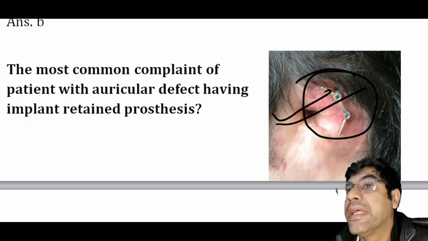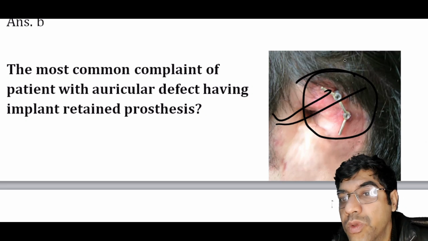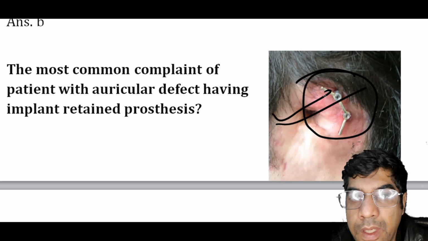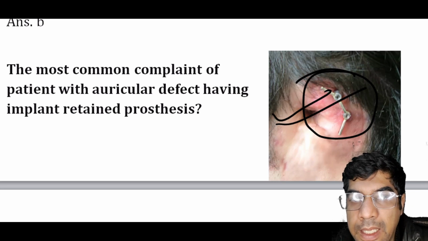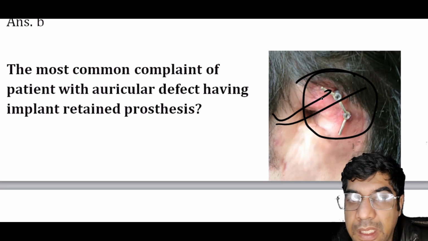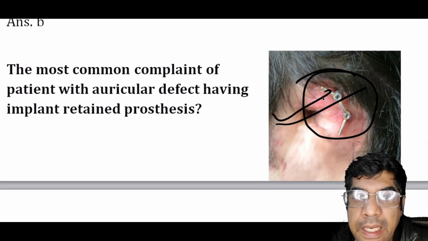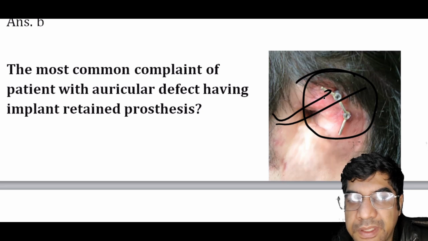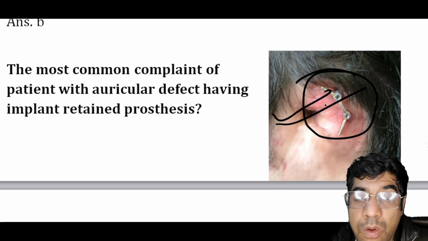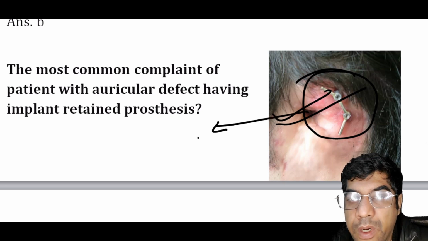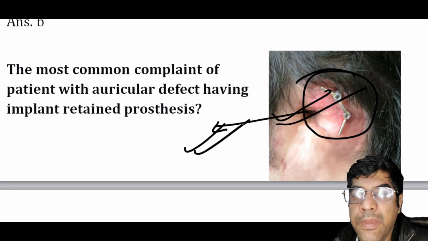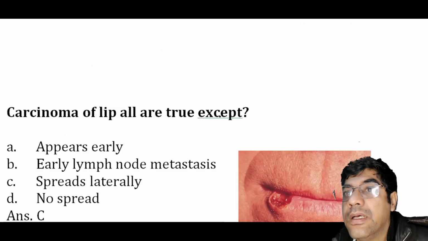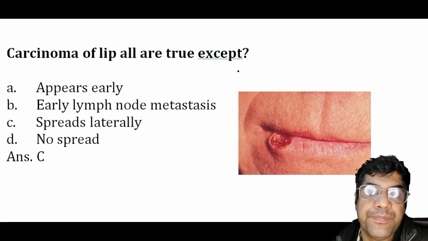So as seen here in this figure, the most common complaint of a patient with auricular defect and implant retained prosthesis is related to difficulty of cleaning and maintaining hygiene around the prosthesis. So this challenge is commonly associated with a prosthetic device in the area, where good oral hygiene is important for the long-term health and stability of the implant related prosthesis.